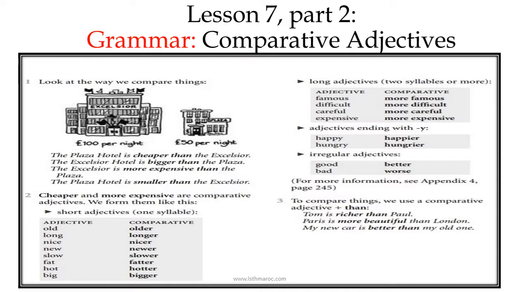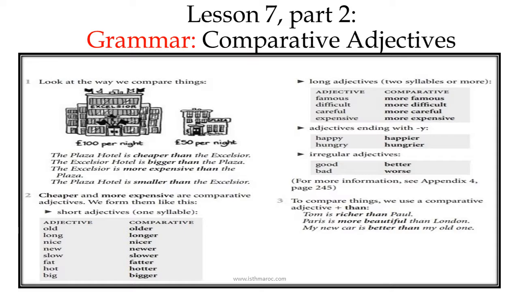And for irregular adjectives, we have only three: good becomes better, bad becomes worse, and far becomes farther, of course plus than. So this is the lesson in brief. I think we have seen and studied this course. This is just a general revision.